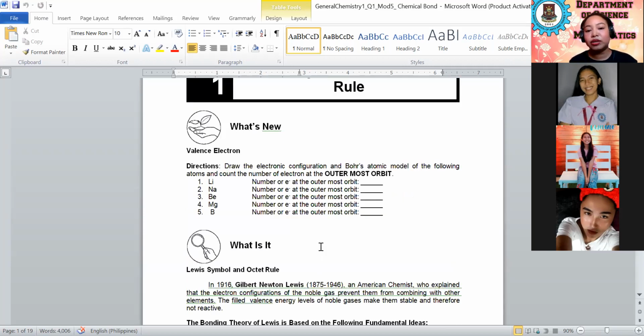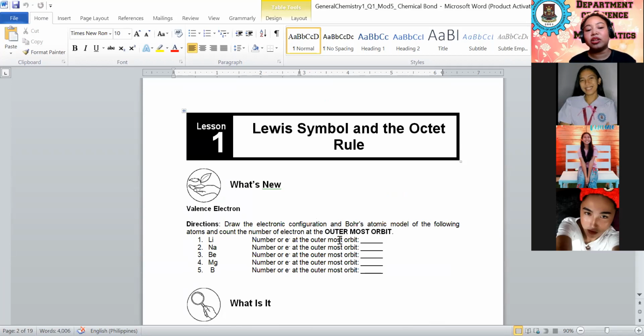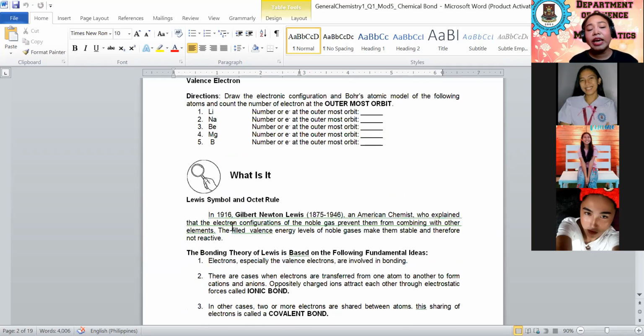Now, let's look into the Lewis and the Octet Rule. In 1916, Gilbert Newton Lewis, an American chemist, explained that the electron configurations of the noble gases prevent them from combining with other elements.